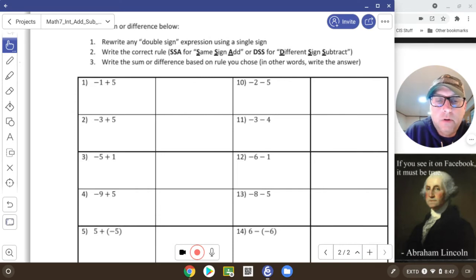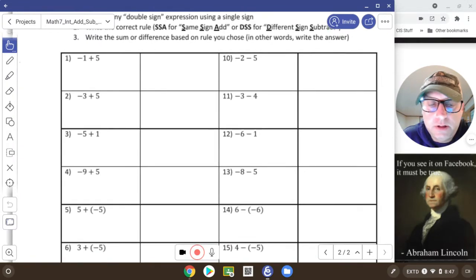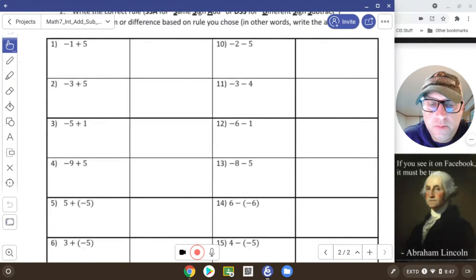Then the second thing we're going to do is use the rule based on what we see: same sign add, SSA, or different sign subtract. And when you actually do the add or subtract, remember the sign of the answer is always the sign of the greater absolute value number. And then the third thing we'll do is actually get to the answer. So just be patient, if you've got this process down cold, as we work through it.